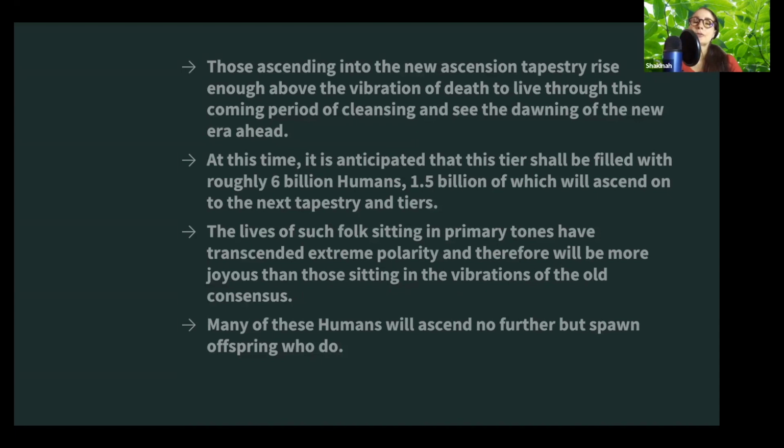The lives of such folk sitting in primary tones have transcended extreme polarity, and therefore will be more joyous than those sitting in the vibrations of the old consensus. Many of these humans will ascend no further but spawn offspring who do.